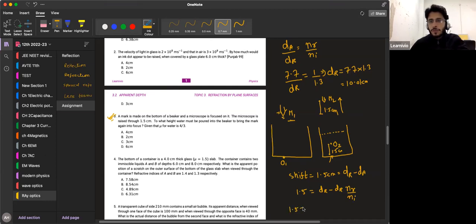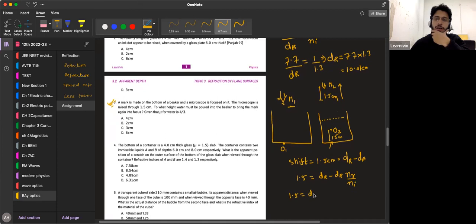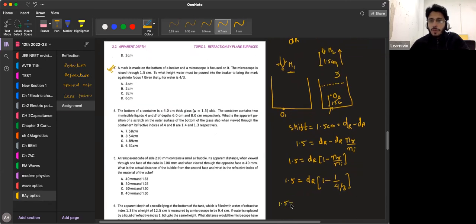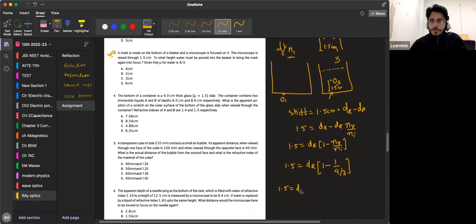So 1.5 is d_r times (1 minus n_r by n_i). Here n_r means the medium in which you have your observer, which is usually air. What is n_i? It is the refractive index of water, 4/3. So 1.5 is d_r times (1 minus 3/4).